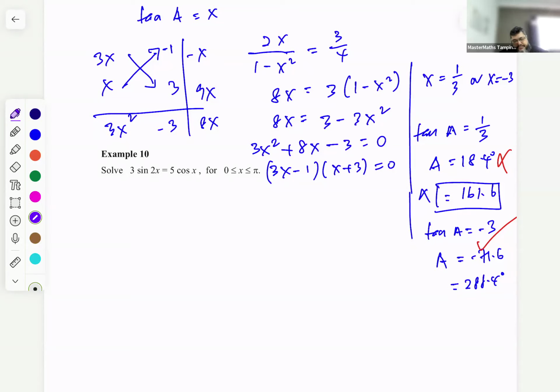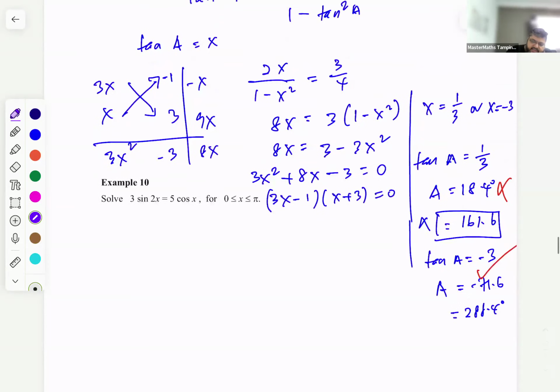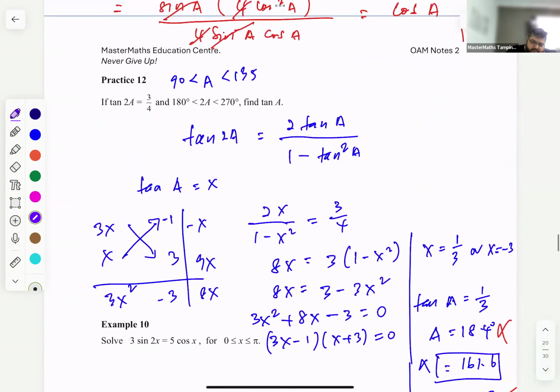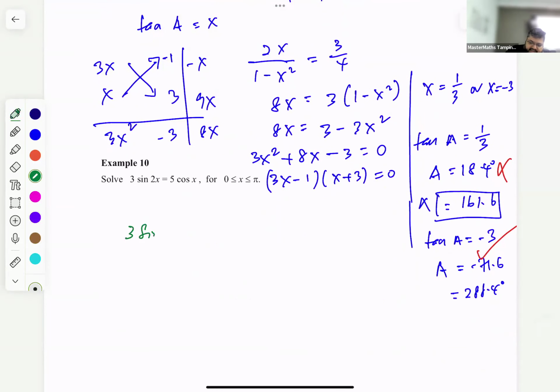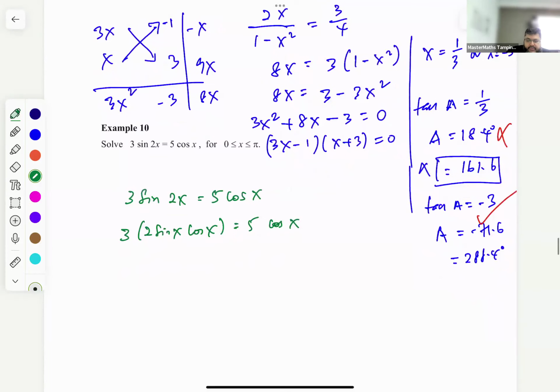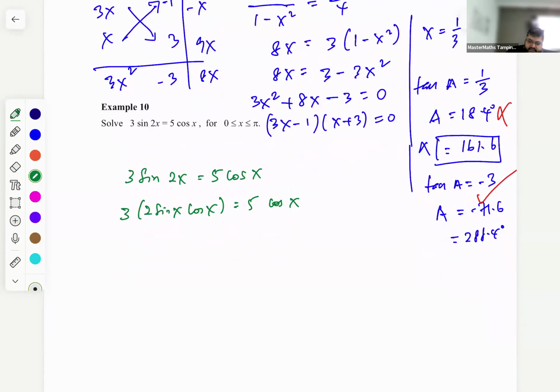So this is an example I can do. Okay, 3 sine 2x is now equal to 5 cos x. And you know that sine 2x is 2 sine x cos x. All right, it's now equal to 5 cos x. And as I said, don't cancel it out.